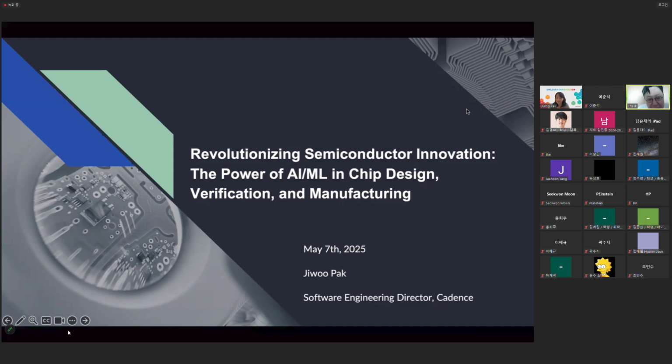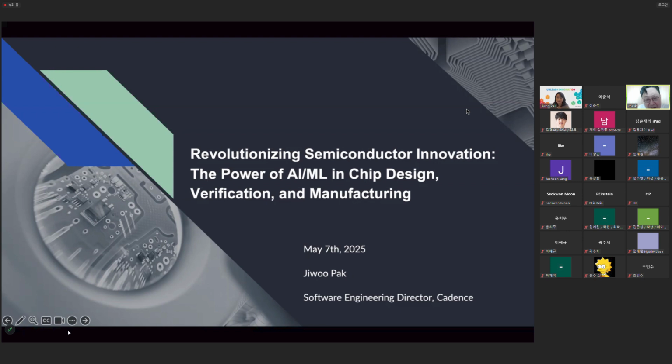Dr. Jiwoo Park graduated from KAIST, and then she did her PhD at UT Austin, and then she worked on the project called Alpha Chip. It's like AlphaFold, AlphaGo.